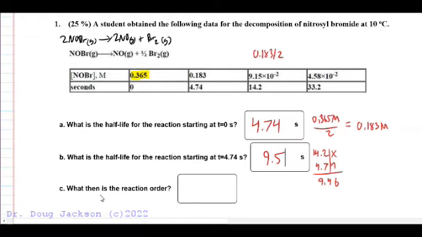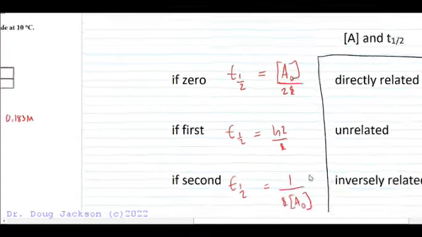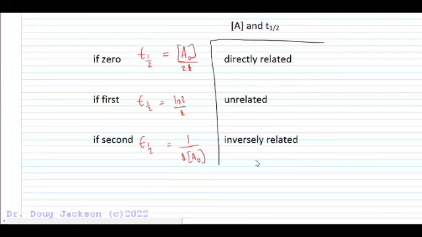What then is the reaction order if our reaction half-life is changing depending on the molarity that we are starting with? And so let's take a look at the three options that we have. If we look at a zero order reaction, we have a direct relationship between the half-life and the concentration that we start with, A naught over 2k.